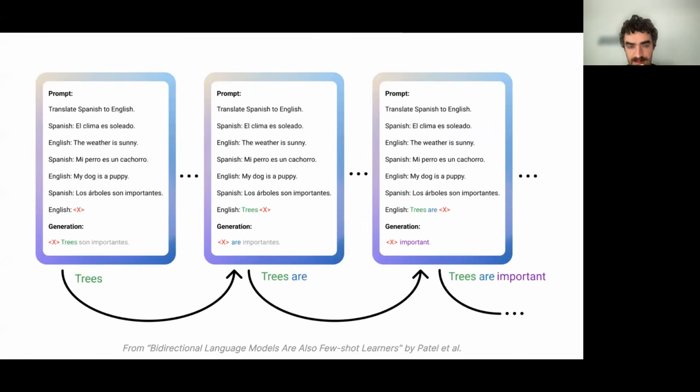I'll just quickly mention as an aside that it is possible to get masked language models to work in this few-shot in-context learning setting. This is an example of how you might do that with the T5 family of models. Basically, you feed in the prompt, the request, and the input-output examples, and then for the example you want to generate a prediction for, you insert a mask token at the end of the input.